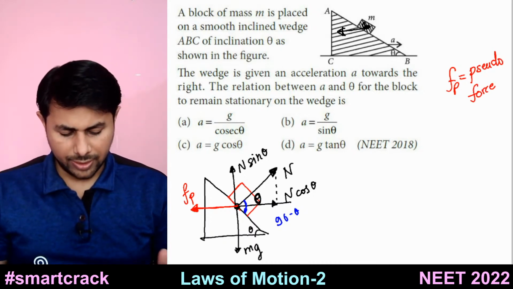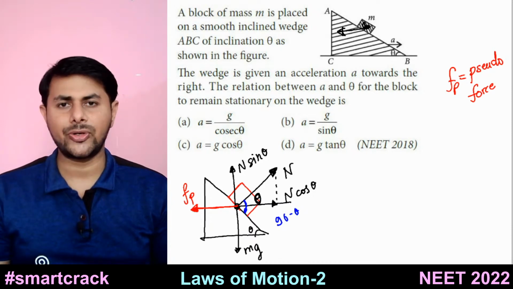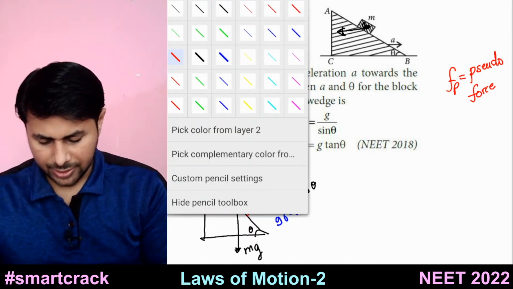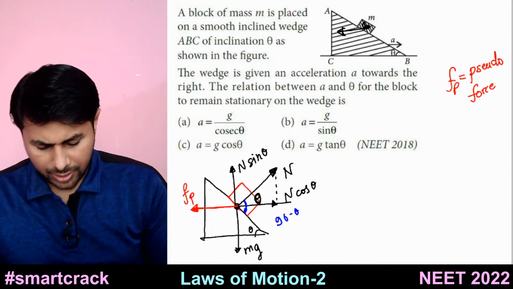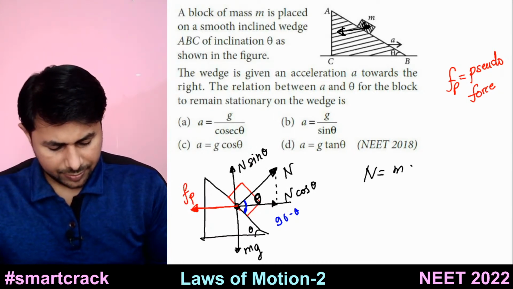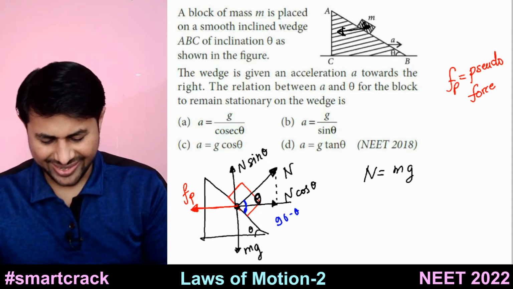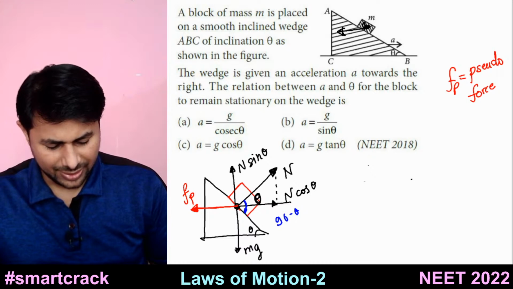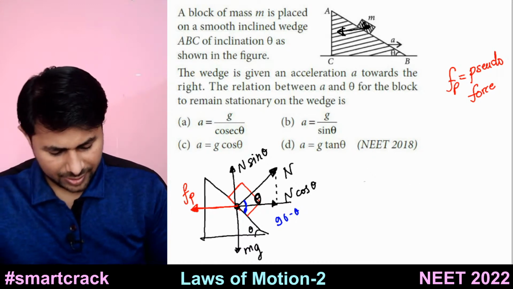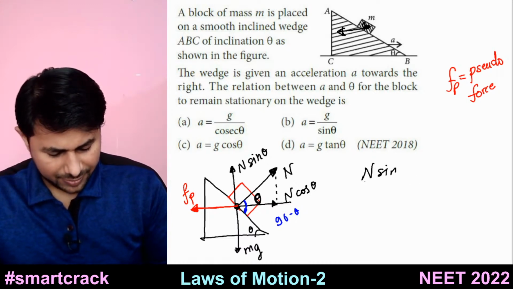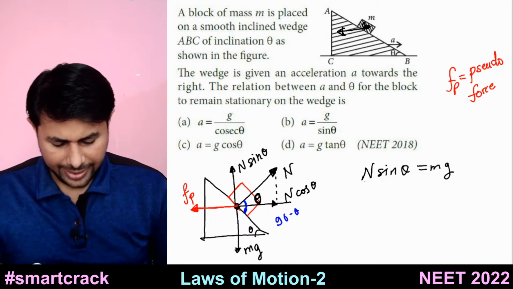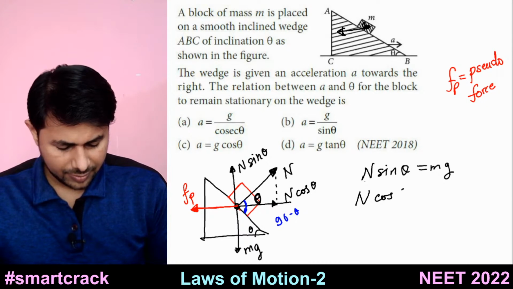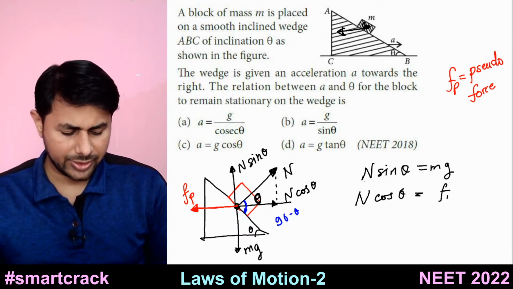Now one component of normal reaction balances the weight. So, sorry, not N, the component in vertical direction: N sin theta is equal to mg, and N cos theta balances the pseudo force Fp.